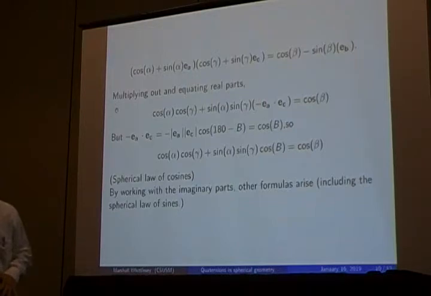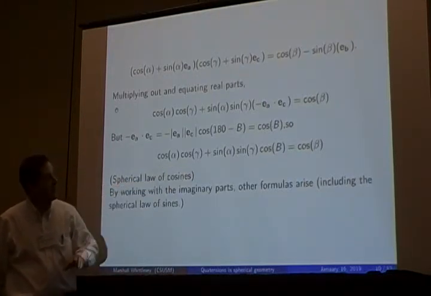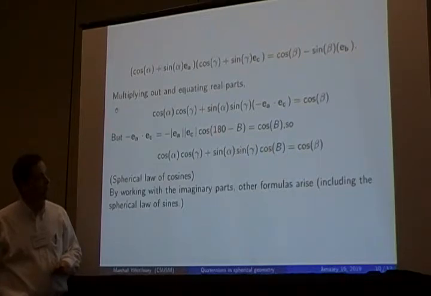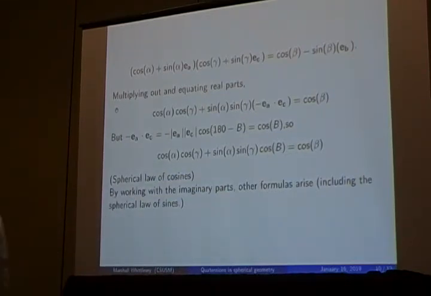It's a statement involving the sides, measures alpha, gamma, and beta of the lengths of the sides of the spherical triangle: two sides and an angle between allows you to get the third side. Again, I don't do it here, but if you fiddle around with squeezing out more components, you get more formulas relating sides and angles in the spherical triangle.